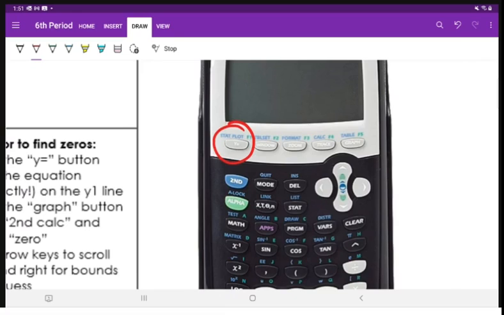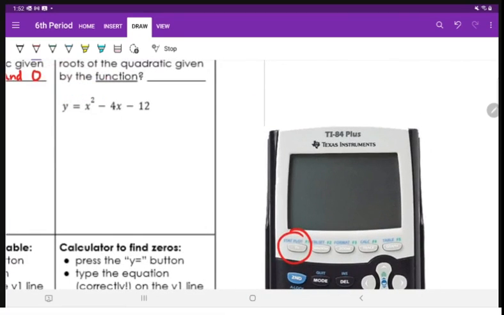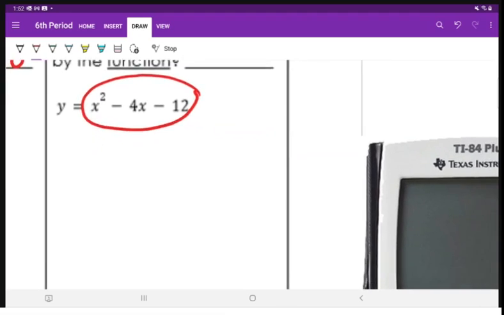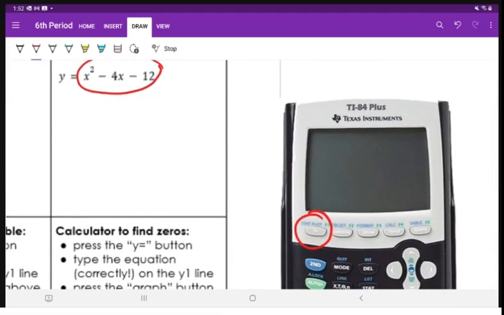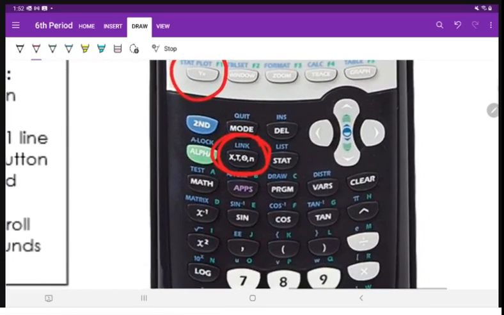Once you're looking at a clear page, we enter our function on the first line. So go up to y1, and we're going to type in our function, which is just this part right here: x squared minus 4x minus 12. If you're wondering where to find the x button, it's located just to the right of the green alpha button.